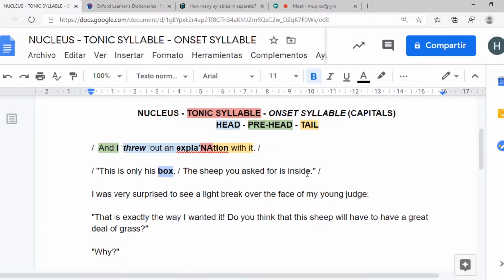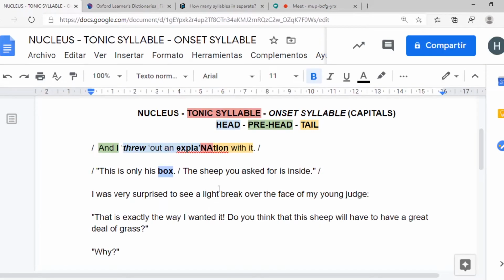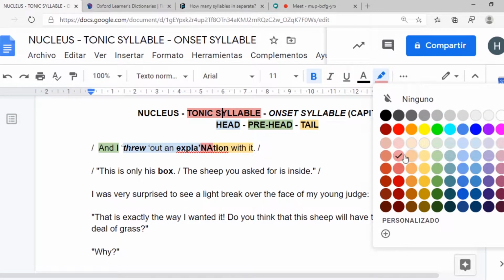Is this a monosyllabic word? Does it have 2 syllables, 3 syllables? What do you think? Yes, it's a monosyllabic word, just 1 syllable. So the whole word, my whole nucleus, will be my tonic syllable. Okay, and I will mark it with this highlighter, with this color. So it's rojo claro dos.